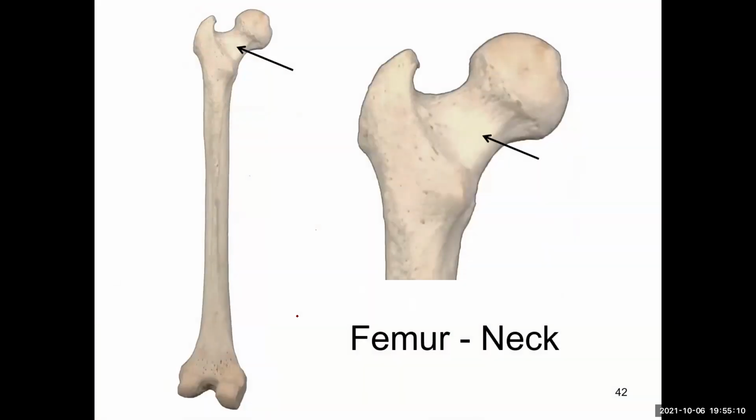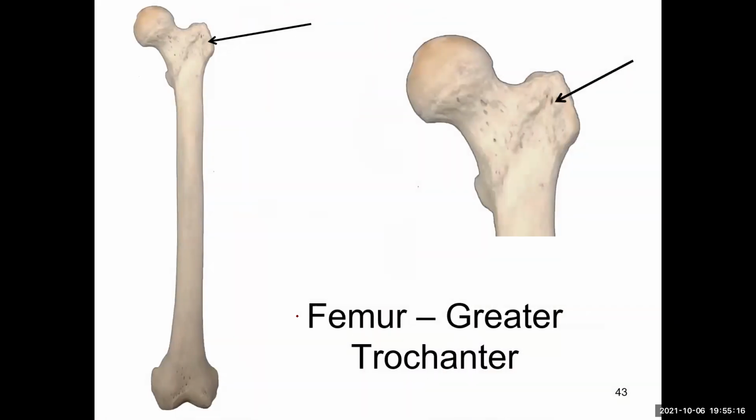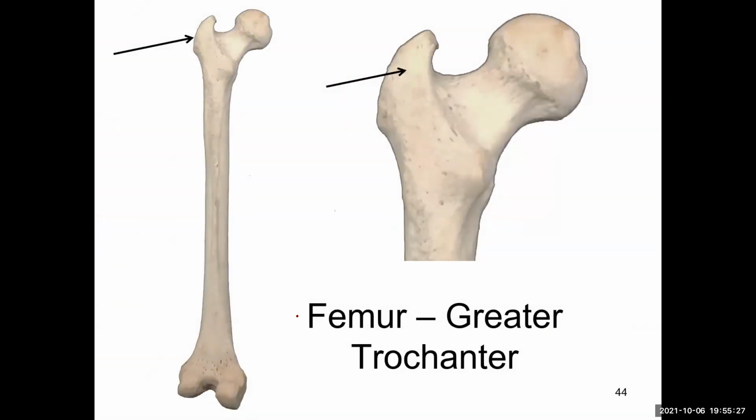Here you can see it on the posterior view. All right, and then you have this big process on the lateral side of the femur opposite the head. That's called the greater trochanter. The greater trochanter is a site for muscular attachment.